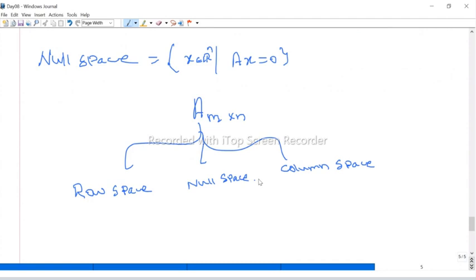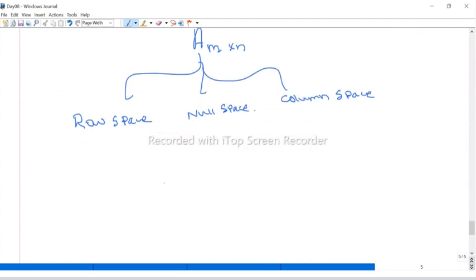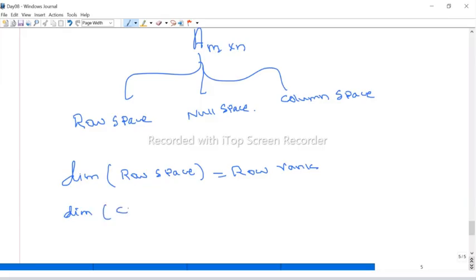Therefore, because the row space is a subspace, we can talk about its dimension. Okay. So the dimension of the row space we define as the row rank. And then the dimension of the column space.